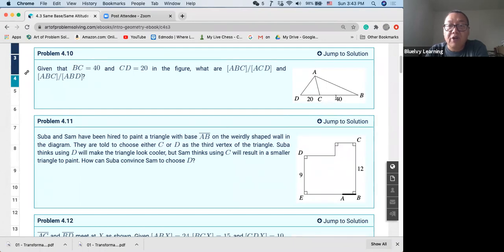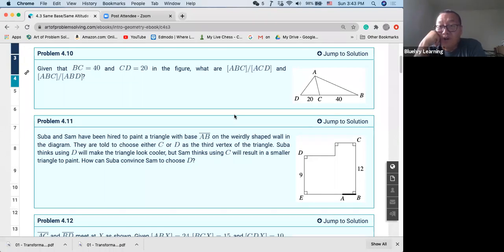BC equals 40, and CD equals 20. Then they ask you, what is the ratio of the area of triangle ABC over ACD and ABC over ABD? Everybody do this.